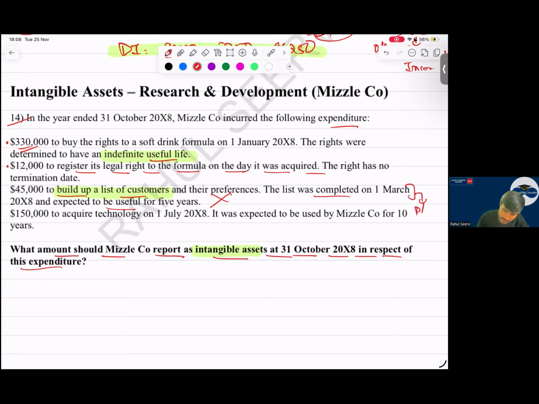Which category? Operating categories. 150,000 to acquire technology on 1st July. Okay, year end is what? 31st October, sir. We have purchased this on 1st July. It was expected to be used for 10 years. From today only we are using it. So if we are using it from today, I purchased it for 150,000.